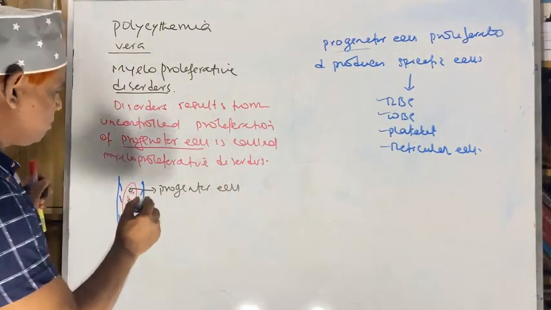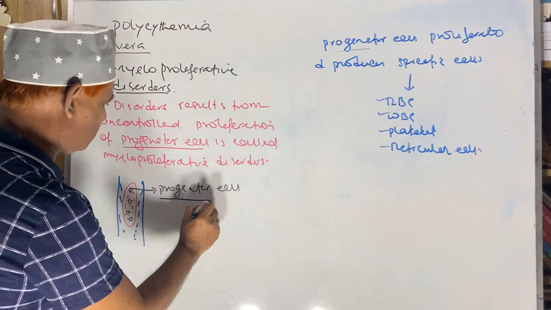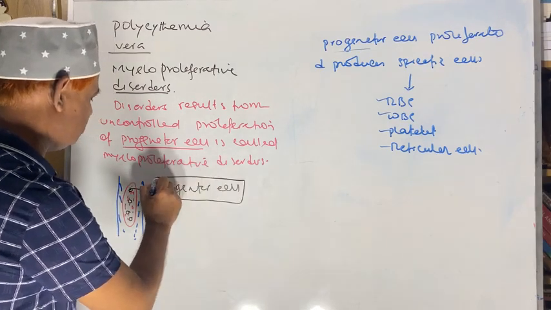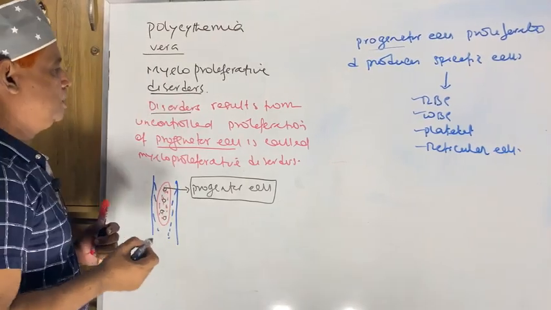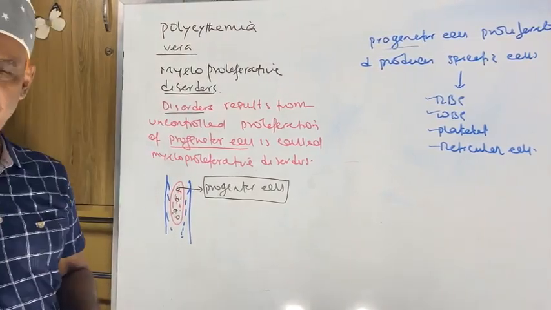If this progenitor cell undergoes uncontrolled proliferation in the bone marrow, there will be disorders, and these disorders are called myeloproliferative disorders.